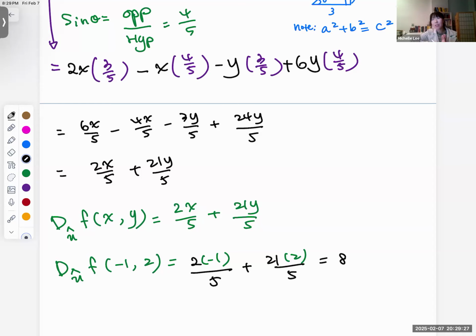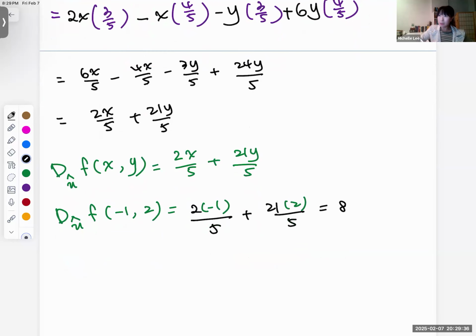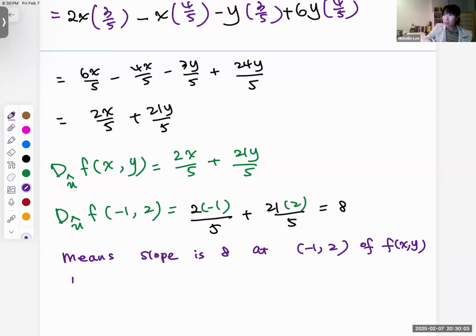But we say that this is a directional derivative. Which direction? This direction, u. So let me write down first. The slope is 8 at -1 and 2, therefore, xy in the direction of u.